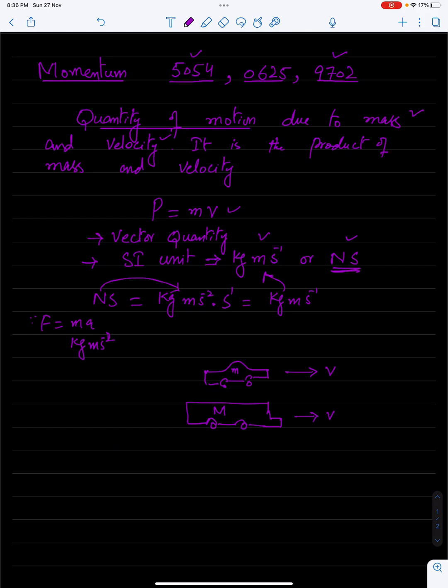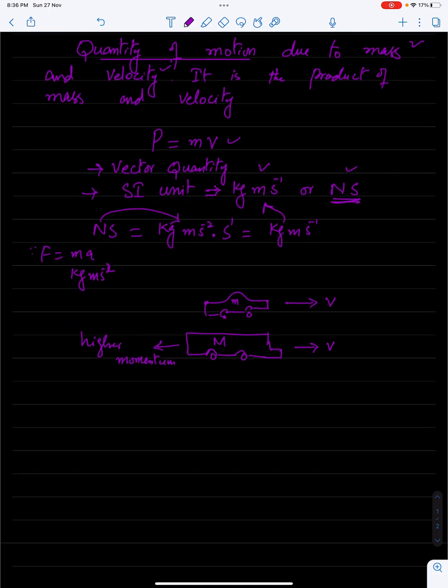Although they have the same velocity, it will have higher momentum. Higher momentum means its quantity of motion will be high. That's why its impact will be high because of its mass. So basically that's why we can say that momentum depends upon the mass as well as the velocity of the object. Okay, right.